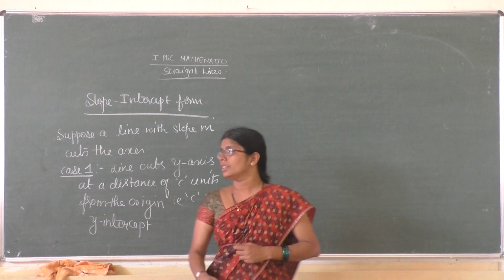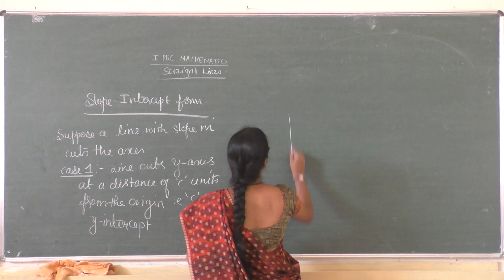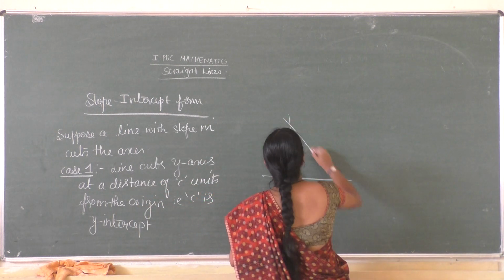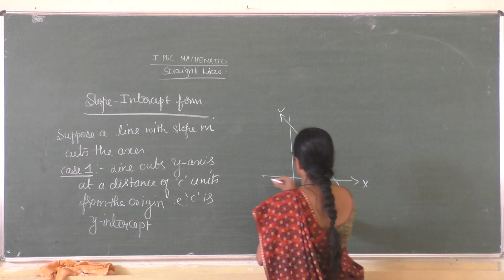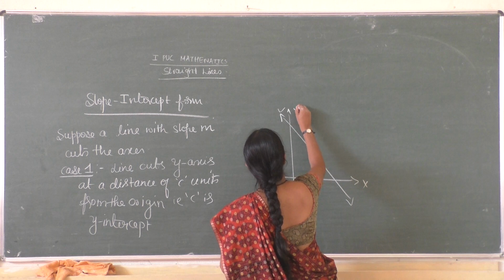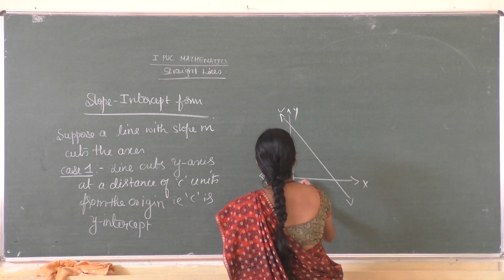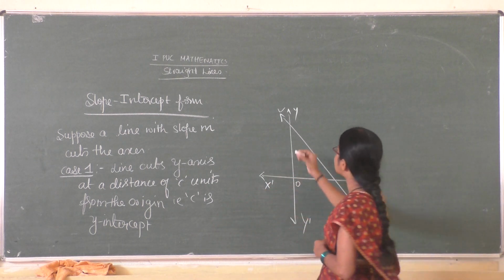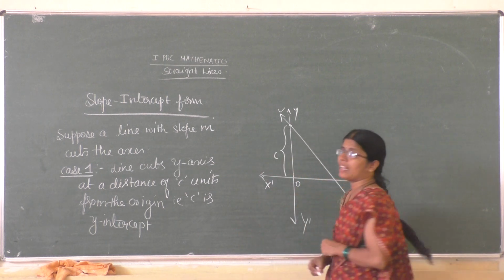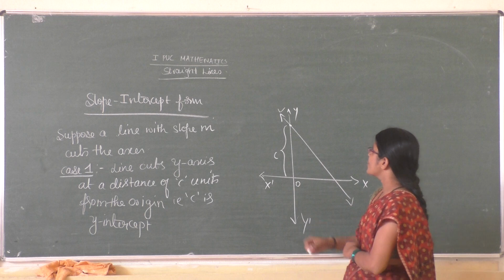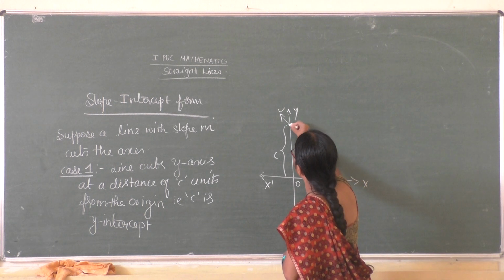Okay, so you have to take here line, this is a line L, x-axis, this is origin, okay, cuts y-axis here at a distance of c from the origin, okay. So now this is a point, correct?